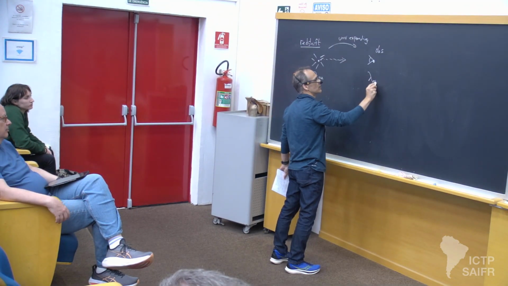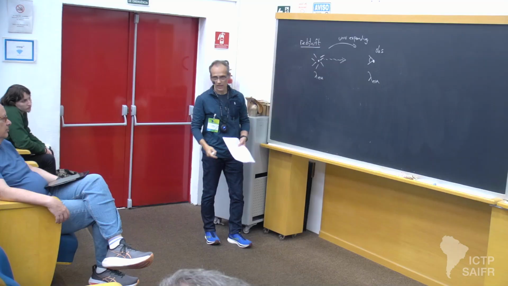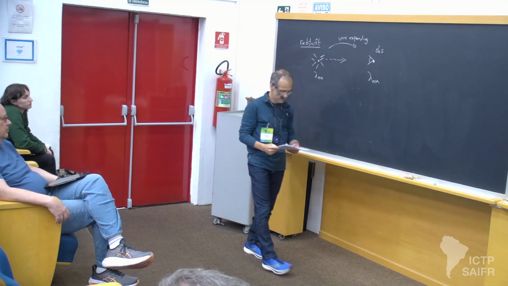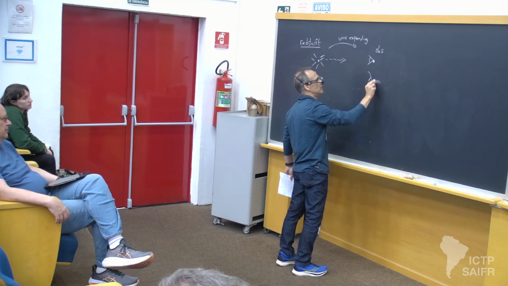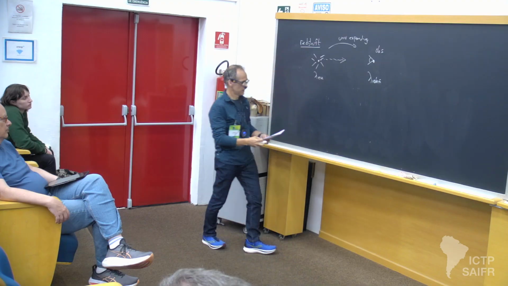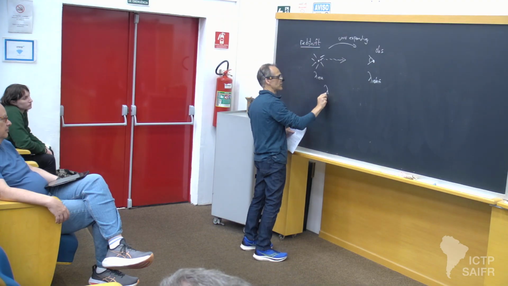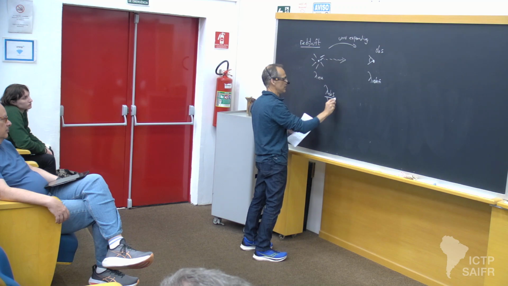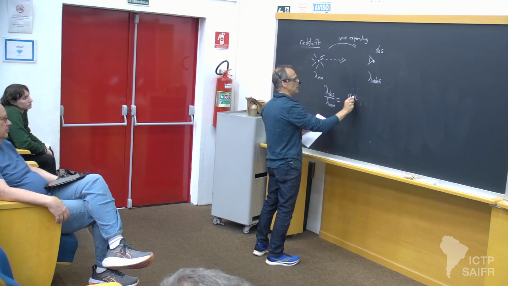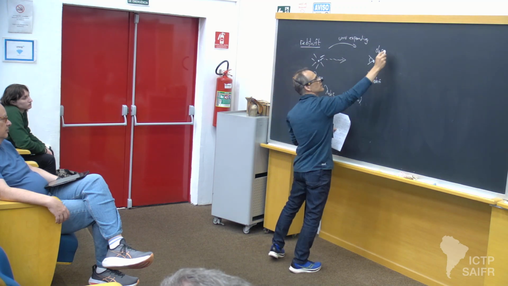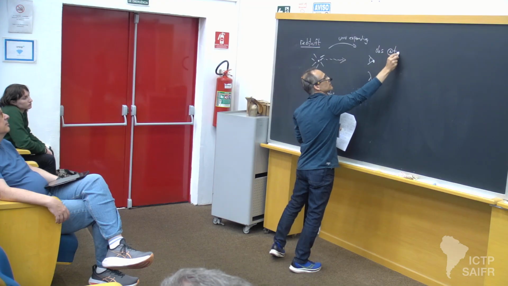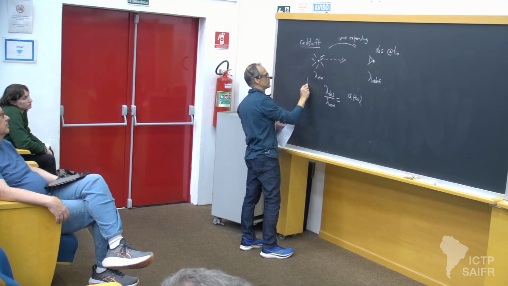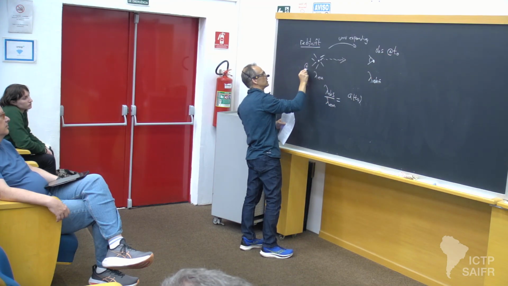So this observer receives the light at a different wavelength, lambda observer. And the ratio of these is, of course, the ratio of the scale factors at a time. So this observer observes at t observe, and this emission happens at t emission.